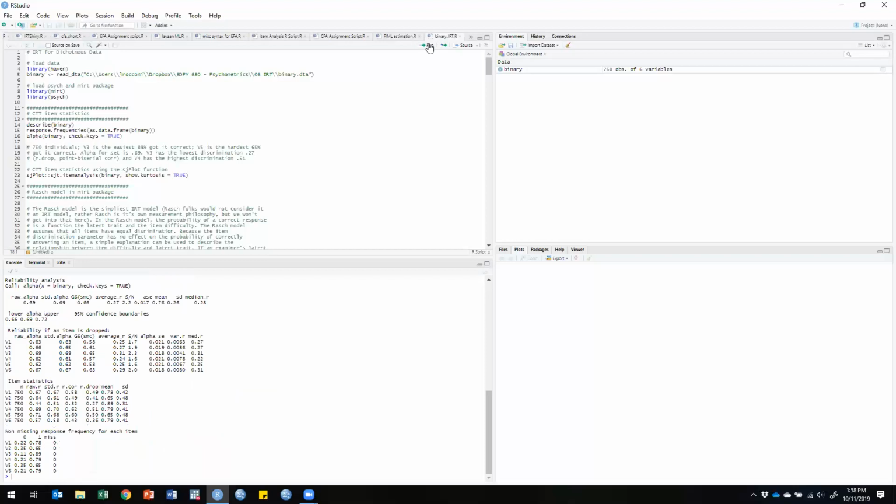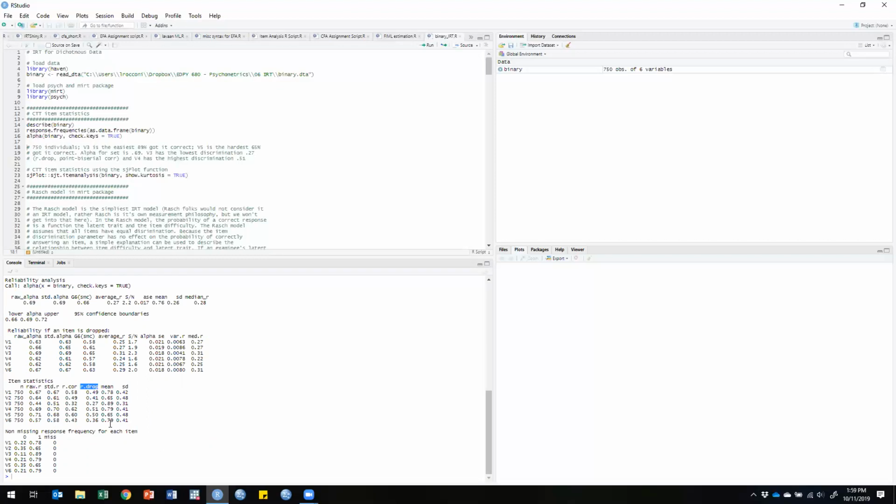We can also run the alpha command in the psych package, and it'll give us the overall alpha for the test, which is not great, but it's not terrible either, at 0.69. But we can also get the classical test theory discrimination statistics from here. We could look at the r.drop column. And remember, this is the point biserial correlation between the item and the total score, with that item removed from the total score.